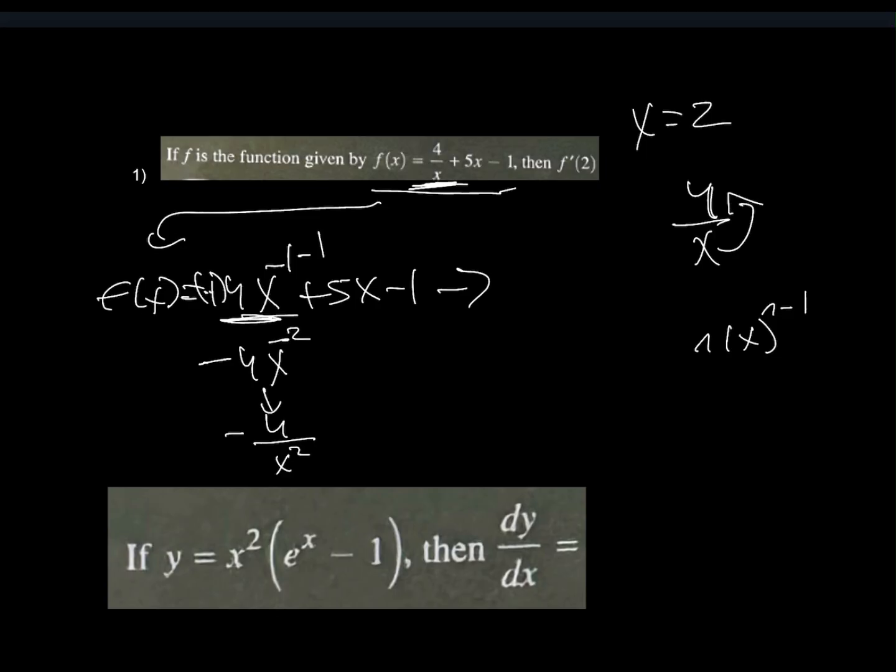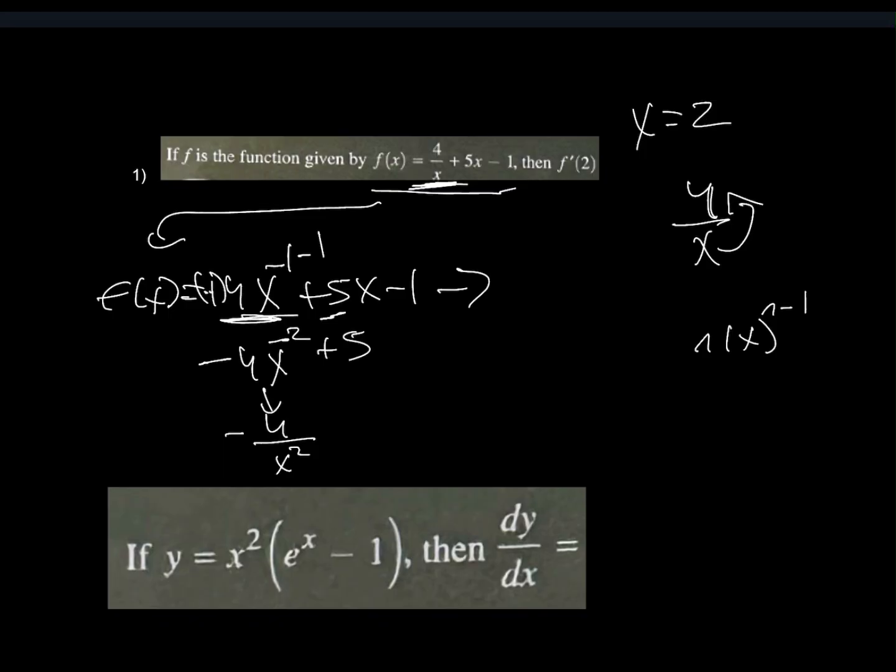Okay? So now we can go ahead to the derivative of 5x. If you just have a regular x that's being raised to a positive 1, the derivative of it is just going to be the coefficient. In this case, the coefficient is 5, so the derivative of 5x is just going to be 5.